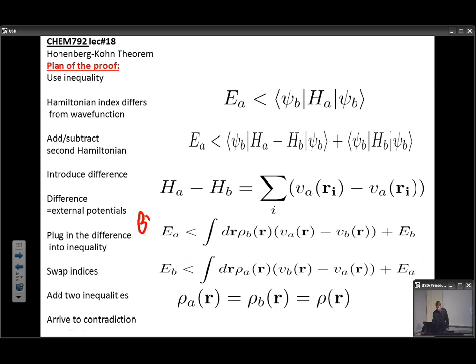So here is branch A. Here is branch B. So here we see that total energy A is smaller than anything possible. Here we see that total energy B is smaller than anything possible.